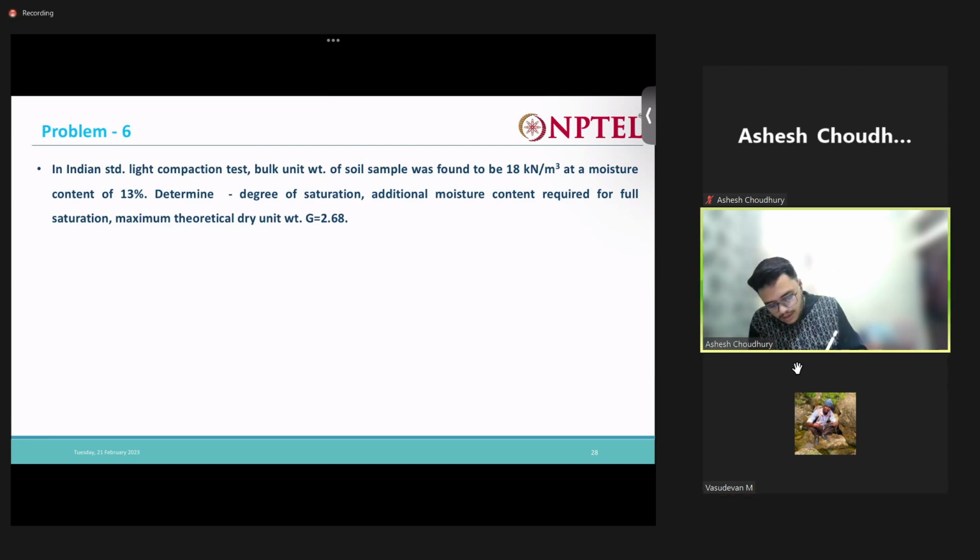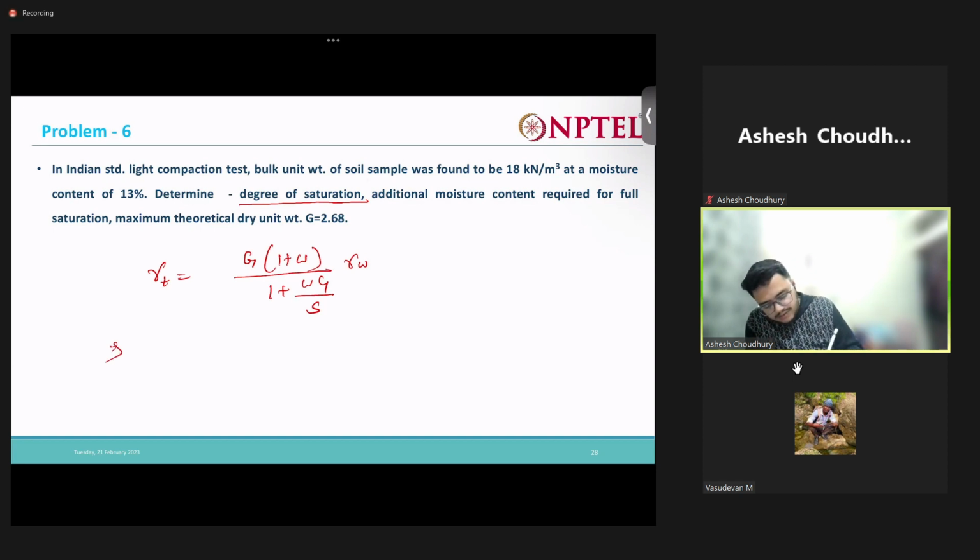First you need to find the degree of saturation. So we need the total unit weight, given by G into (1 plus w) by (1 plus e) into gamma w. These are all our known relations, right?